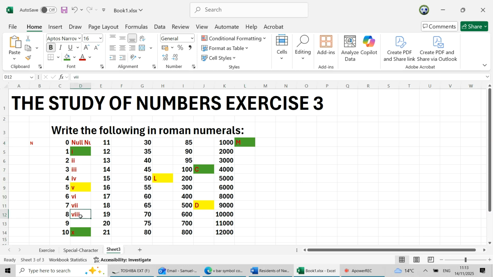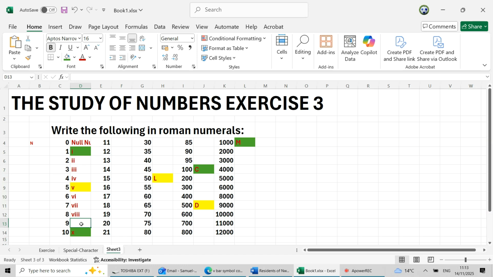That's why we said VIII is 5 plus 3, which gives us 8. Similarly, since we cannot repeat I more than 3 times, now we have to find a way to get 9, because 9 is less than 10.